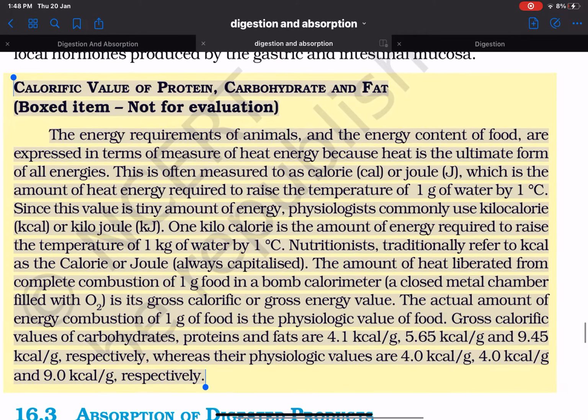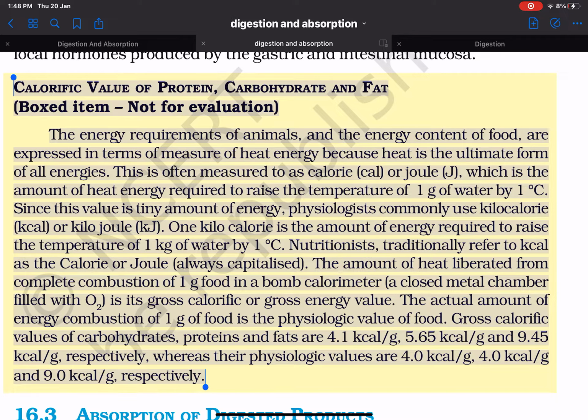Calorific value of protein, carbohydrate and fat. The energy requirements of animals, and the energy content of food, are expressed in terms of measure of heat energy because heat is the ultimate form of all energies.